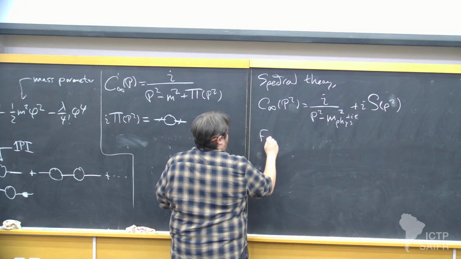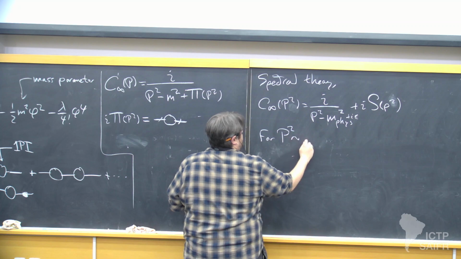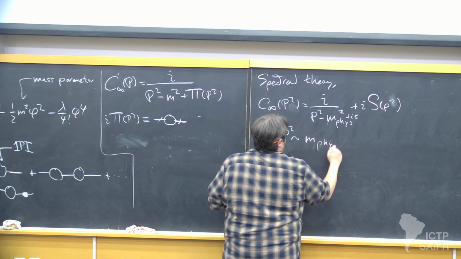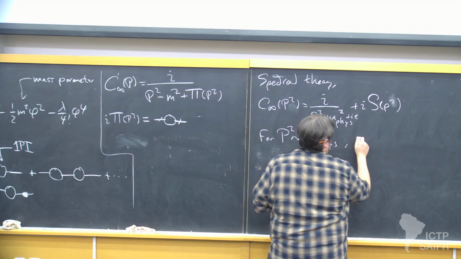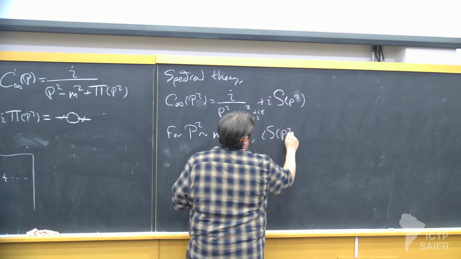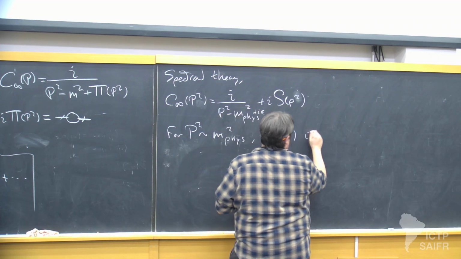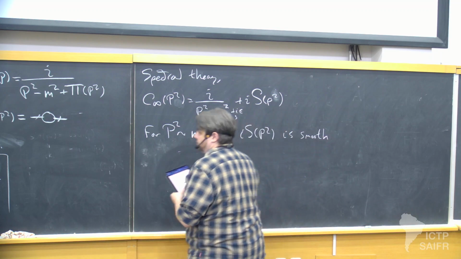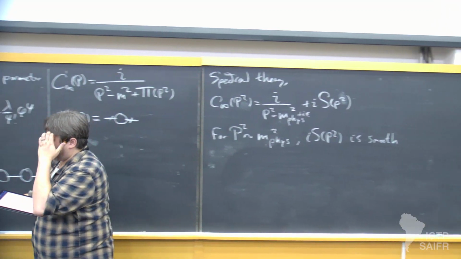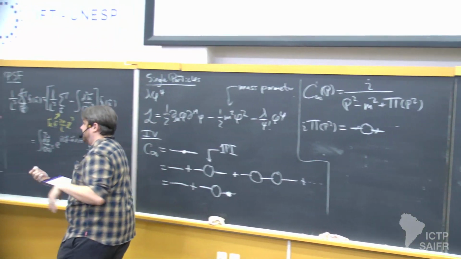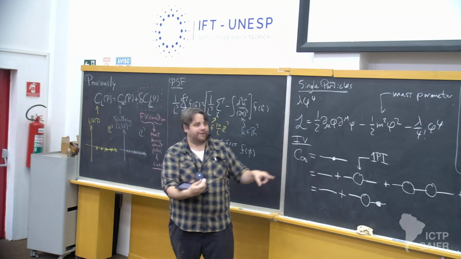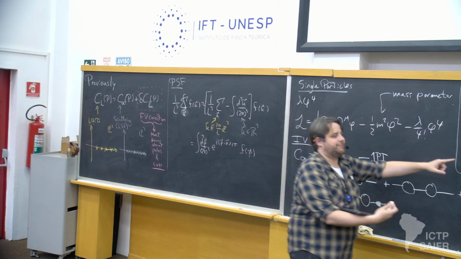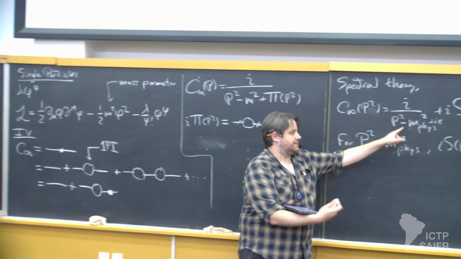So for p squared near the physical mass squared, this extra term is just a smooth function. So all the branch cuts and stuff that are hiding inside there won't go on mass shell if I'm interested in physics near the pole mass.